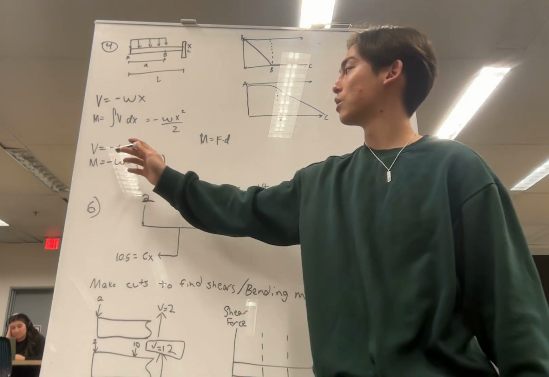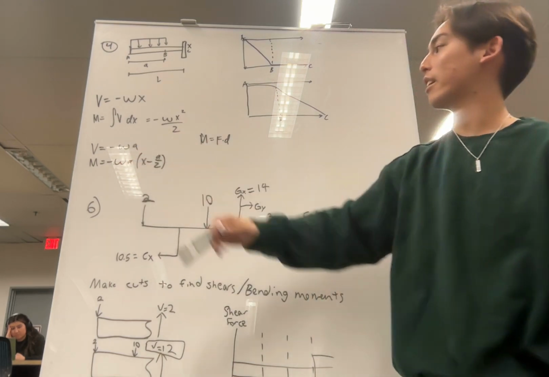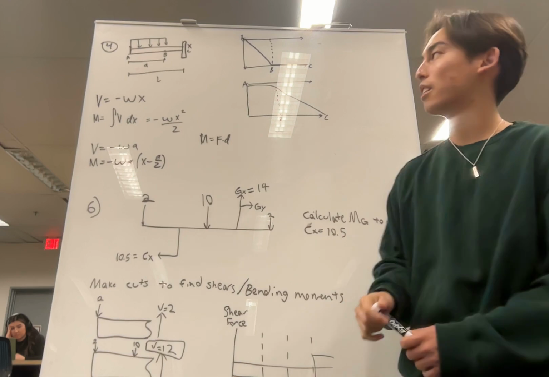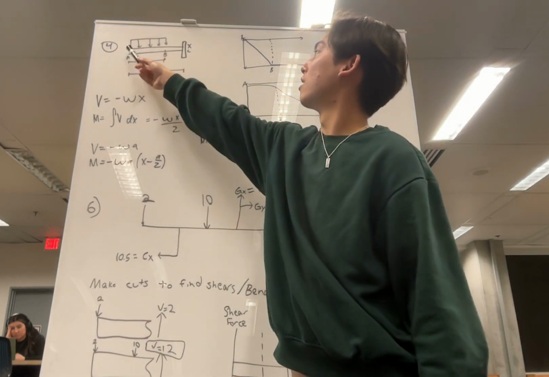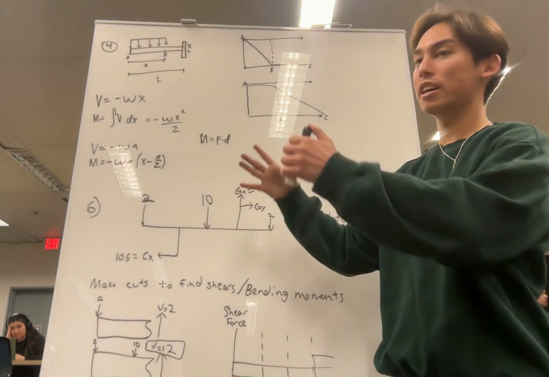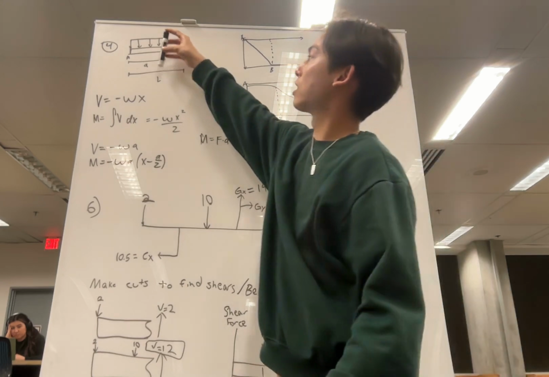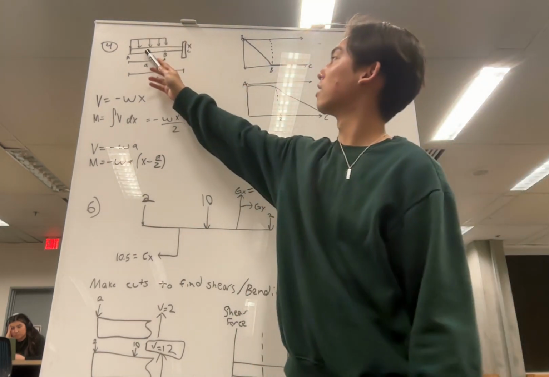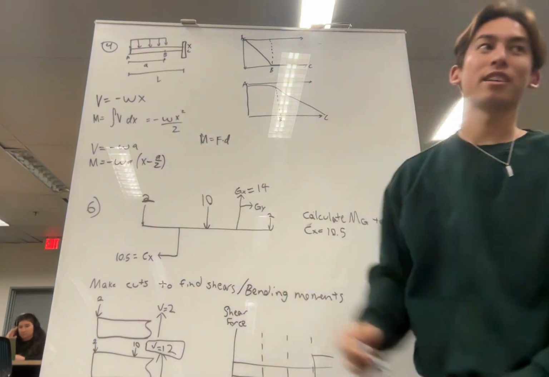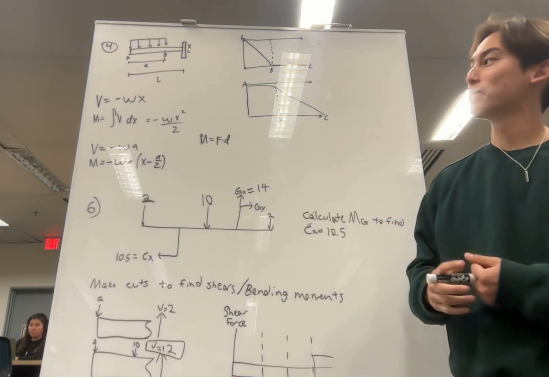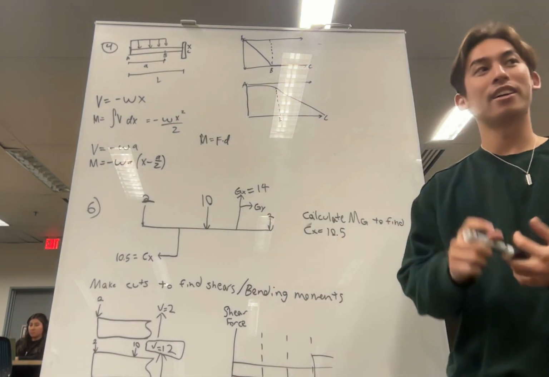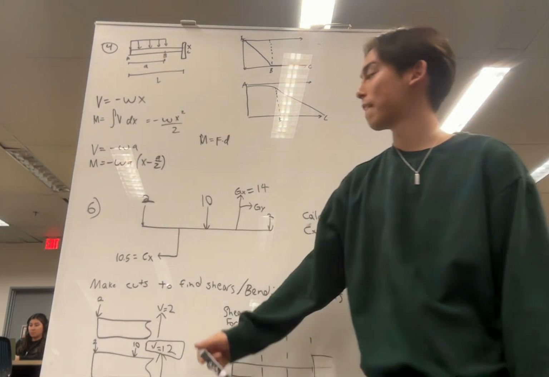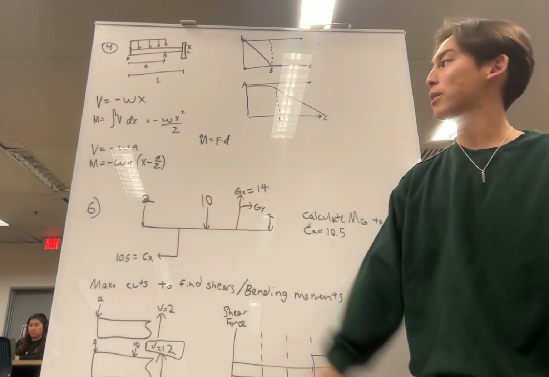We know the force is omega A, and if we treat AB as one direct force in the middle, the distance will be your x position minus half of A. That's the distance from the center of the distributed load. So that's the moment equation for that.